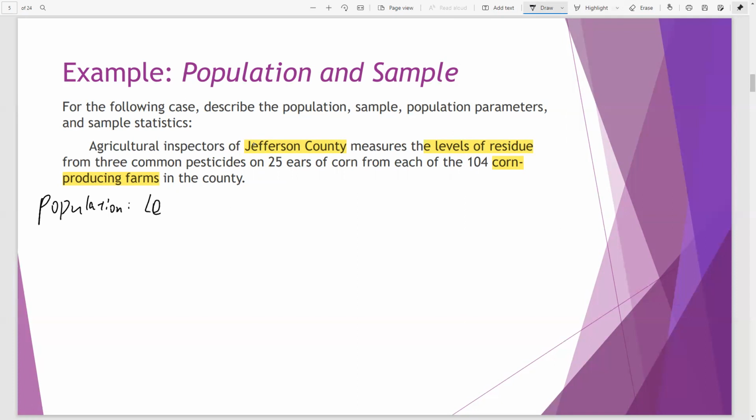So the population is actually all the corn in the corn producing farms in Jefferson County.